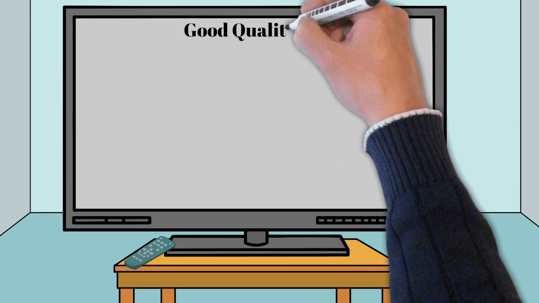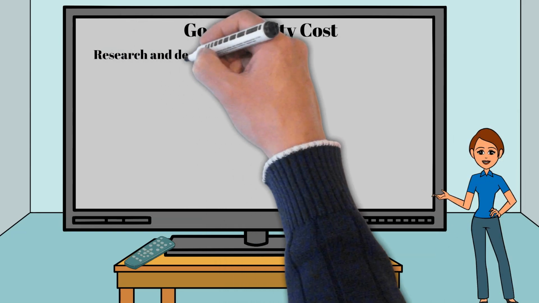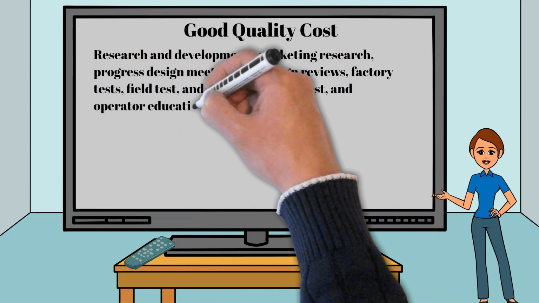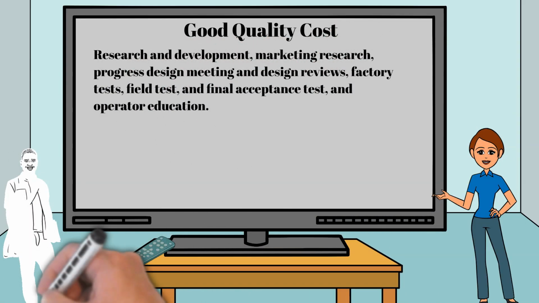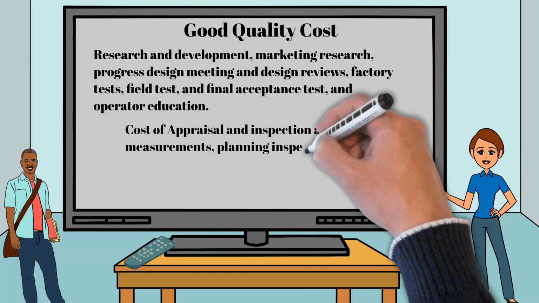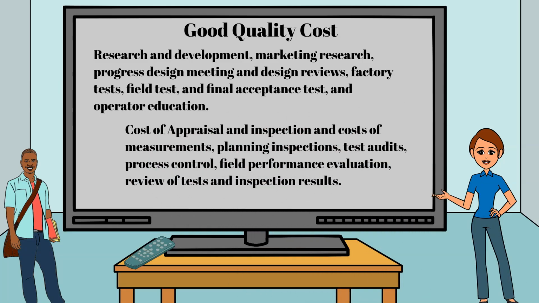Now let's look at the examples of good and bad quality costs. Prevention cost examples are research and development, marketing research, progress design meetings and design reviews, factory tests, field tests, and final acceptance tests, and operator education. Costs of appraisal and inspection, and cost of measurements, planning inspections, test audits, process control, field performance evaluation, review of tests and inspection results.